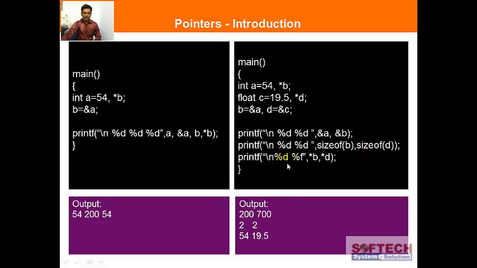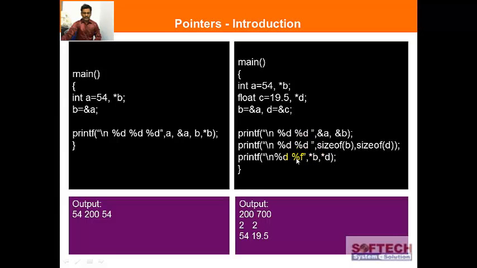So printf percentage d, percentage f, star b, star d. At the time of accessing, we put percentage f. If we give percentage d, it will give a wrong value, because it tries to access 2 bytes only. But d has a float variable address. Here we assigned the address of float variable c to d, so we put percentage f at the time of accessing.